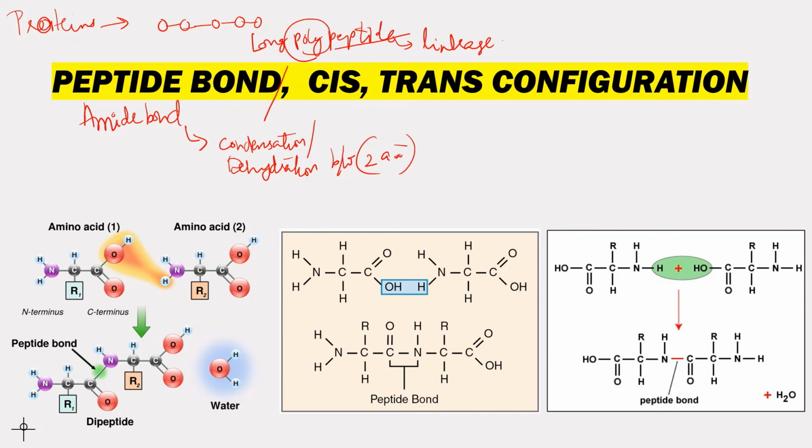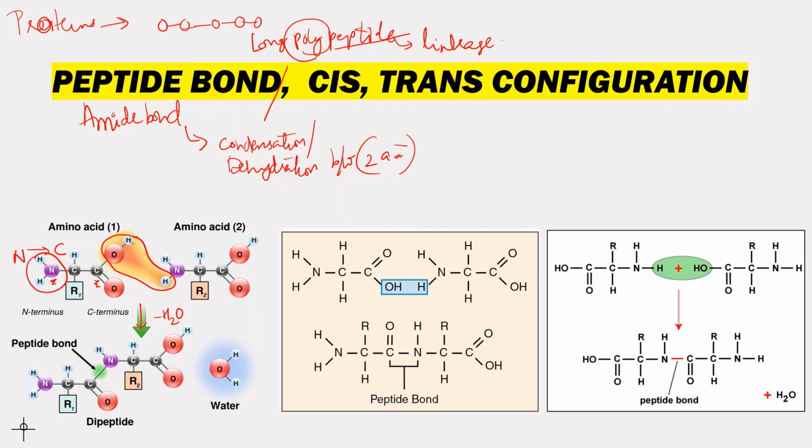So let's look at this. This is amino acid 1 and this is amino acid 2. When we read an amino acid, it's from N terminal to C terminal. We have the amino group here, that is the N terminal. N represents the N terminal and C represents the C terminal. So we always put it in N to C direction. Here also it's N to C direction. Now we see that OH of the C and H of the NH2 is getting eliminated to form a water molecule.